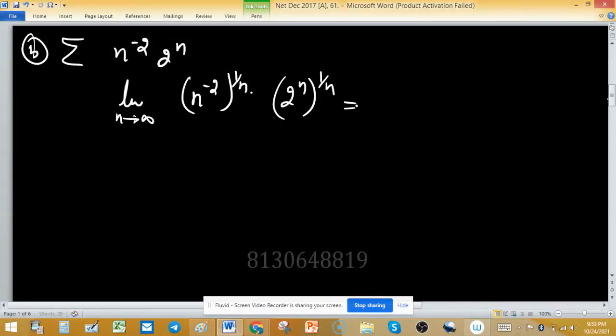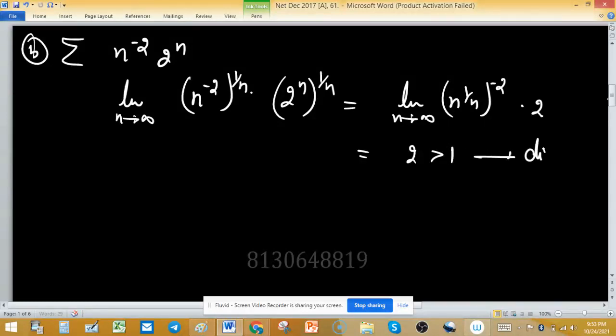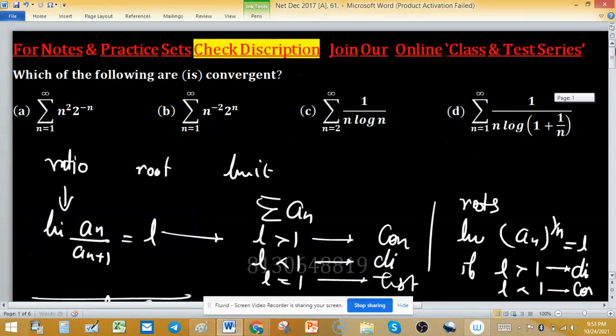So finally, I got the limit n tends to infinity of n raised to the power 1 upon n raised to the power minus 2, into 2. So what do we have? We have 2, which is greater than 1. In this case, the series is divergent by the root test.